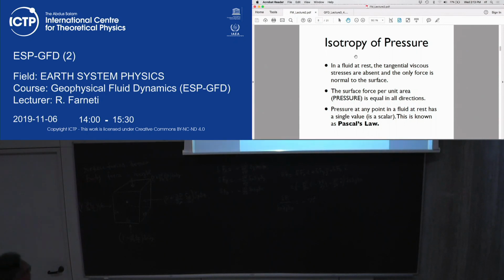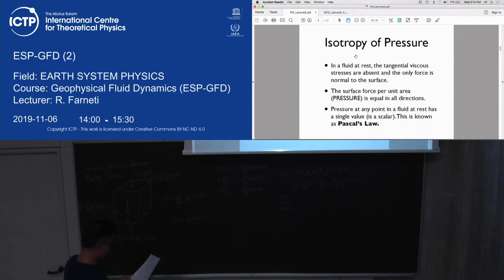But what we have not considered yet is the weight of the infinitesimal volume of fluid, which does exist. Which in this case is going to be, for the infinitesimal volume of fluid, this gamma times the volume of the fluid. And gamma is rho g, right?